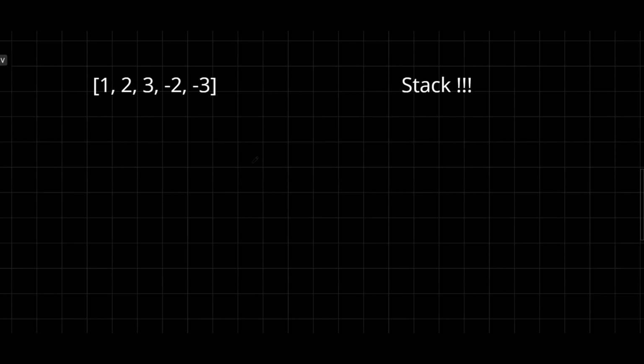Now, to solve this problem, we have taken another example. Here, the array contains 5 asteroids, which are 1, 2, 3, -2, and -3. Asteroids 1, 2, and 3 are moving to the right direction. Asteroids -2 and -3 are moving to the left direction.